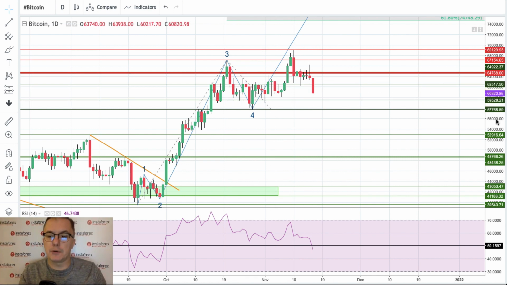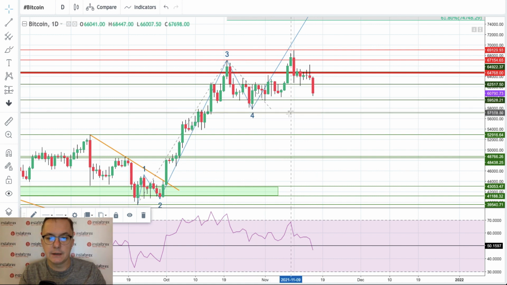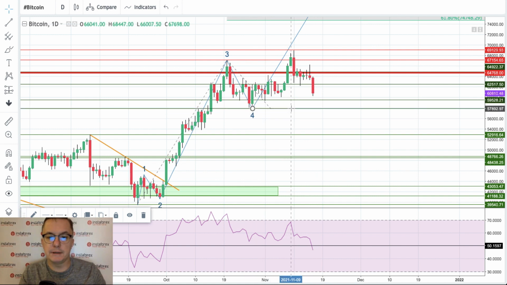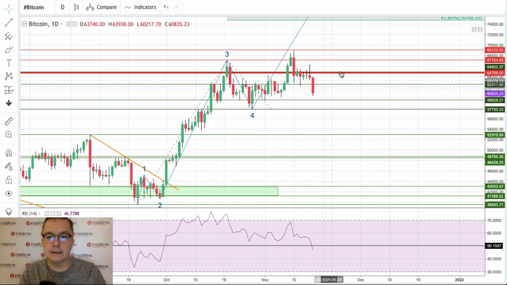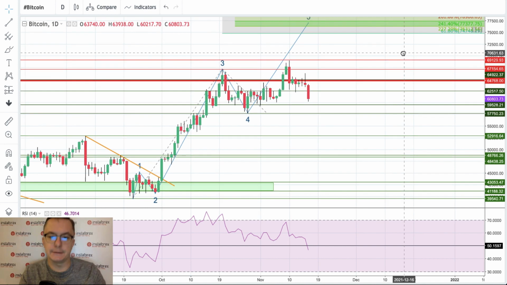We are approaching 59,528. This is the technical support, and this wave here doesn't look impulsive yet. It most looks like some ABC pattern. So I think that the wave 4 is still in progress, despite the fact that it looks like completed, and it's still not that much impulsive as we wanted to see, basically.